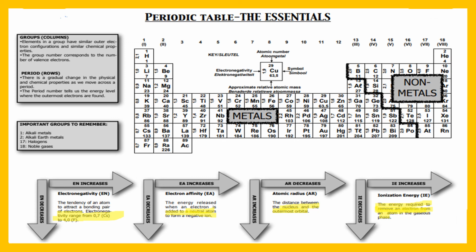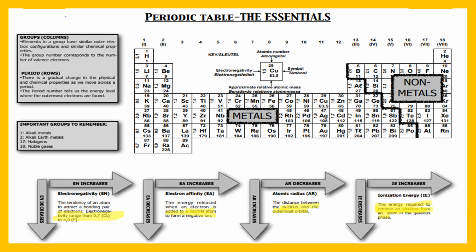Electronegativity increases from left to right. Electron affinity also increases from left to right, and ionization energy increases from left to right. But atomic radius decreases from left to right, or you can say that atomic radii increase from right to left.